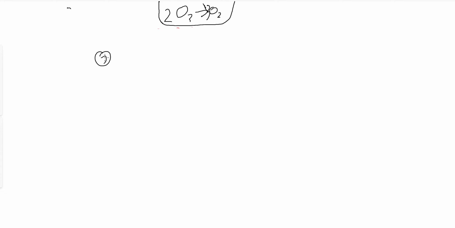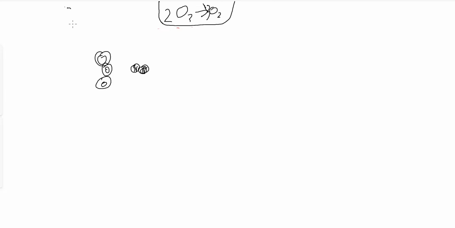Let's say we have an O3 molecule, right? Ozone. And I'm using the space-filling model for a reason you'll see very quickly. So our space-filling model allows me to have N here and O here.